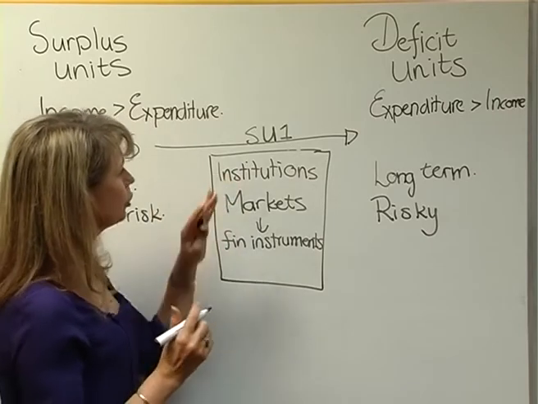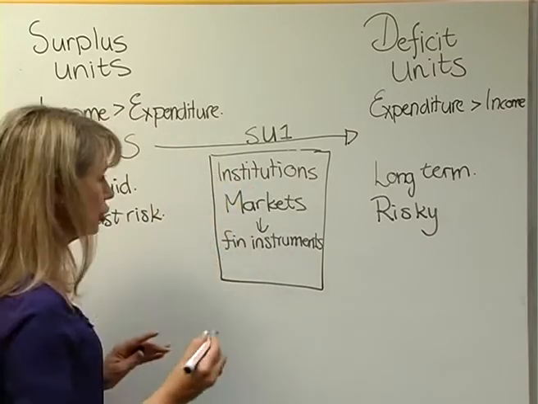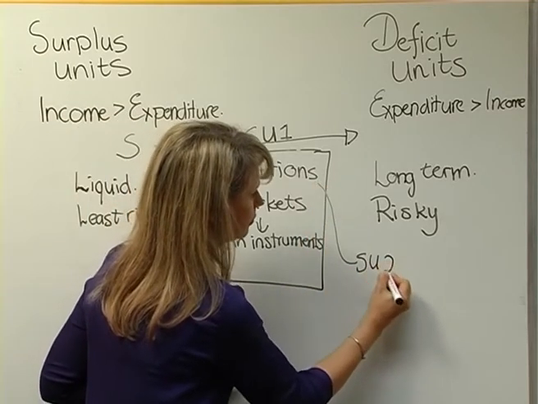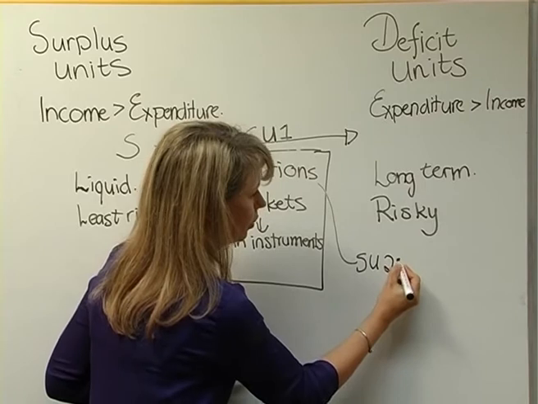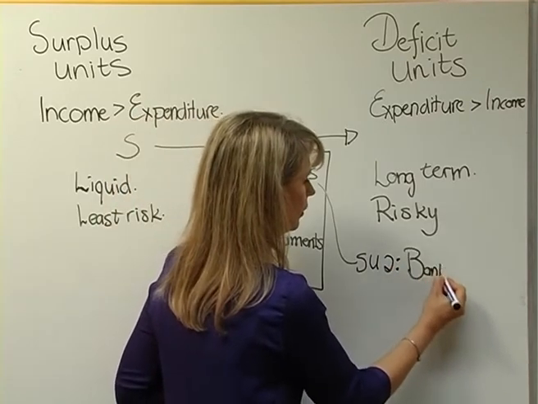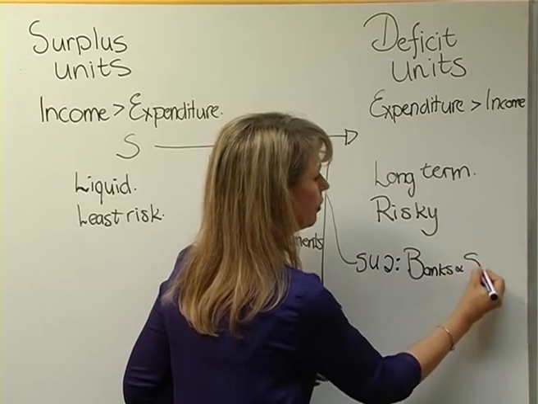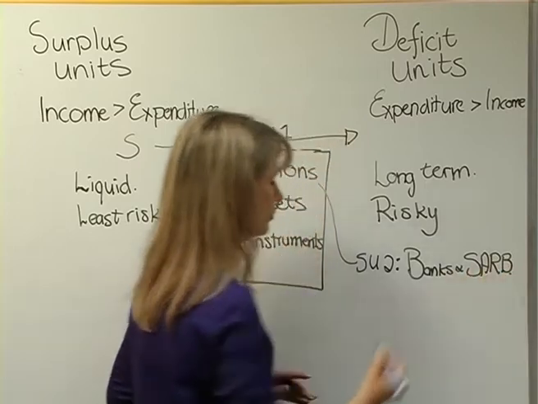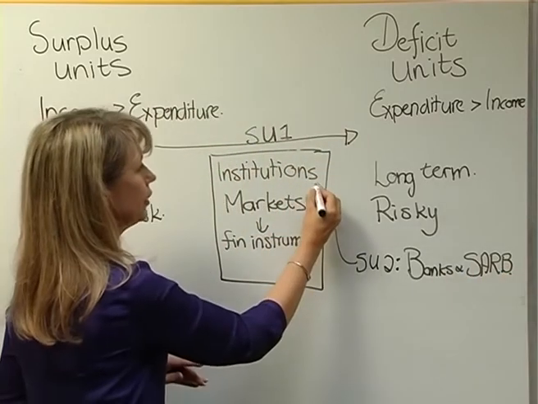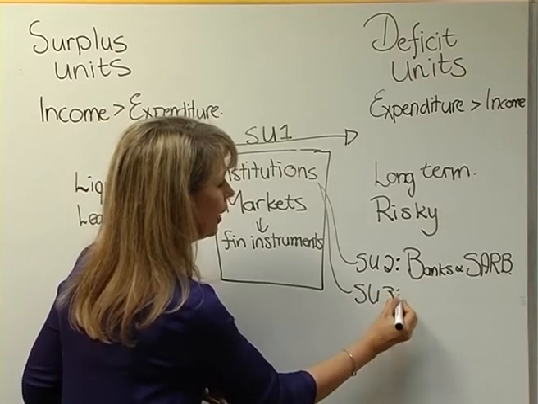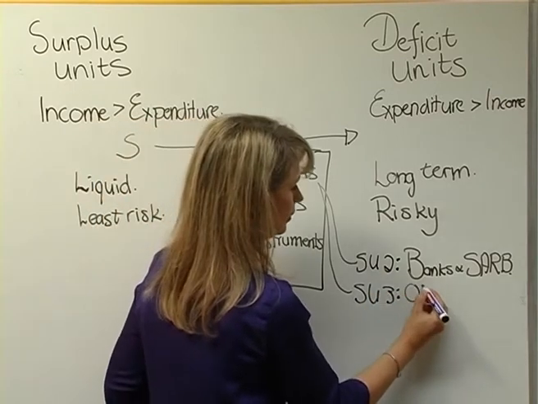Then in study unit 2, we're going to start looking at the institutions. So in study unit 2, we're going to look at banks, and we're going to look at the Reserve Bank. Then in study unit 3, we're going to cover all the other financial institutions.